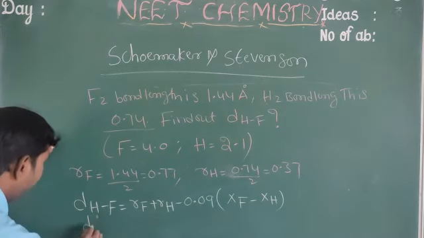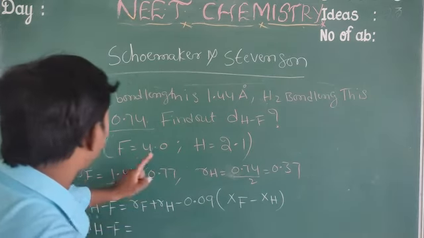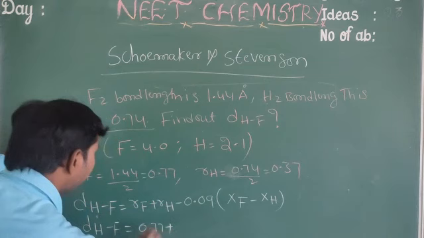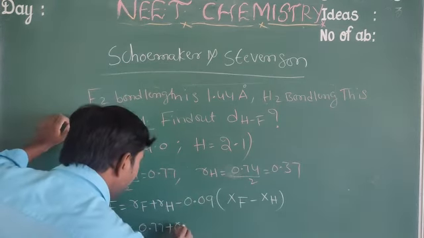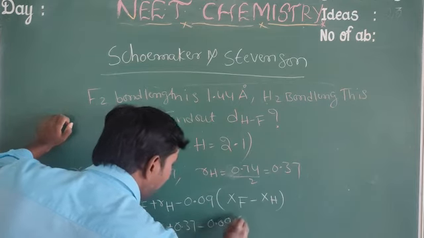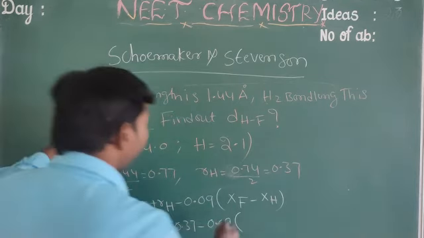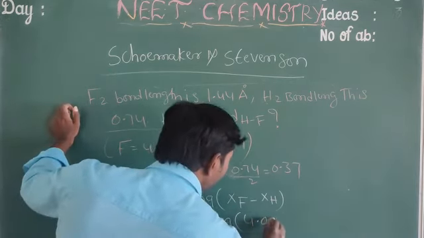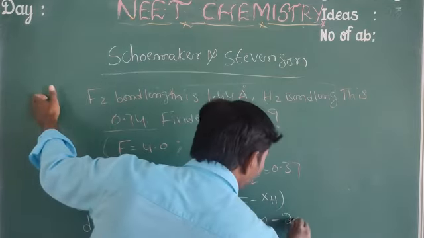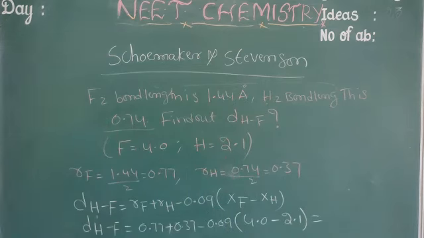Now distance of hydrogen to fluorine equals fluorine radius 0.77 plus hydrogen 0.37 minus 0.09 times fluorine electronegativity 4.0 minus hydrogen electronegativity 2.1, and the answer comes.